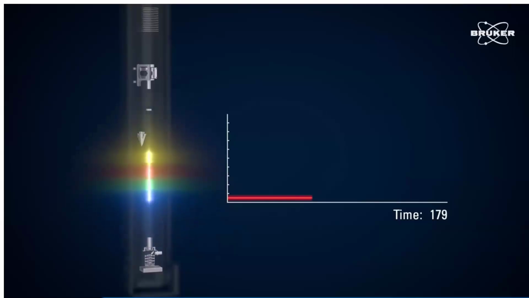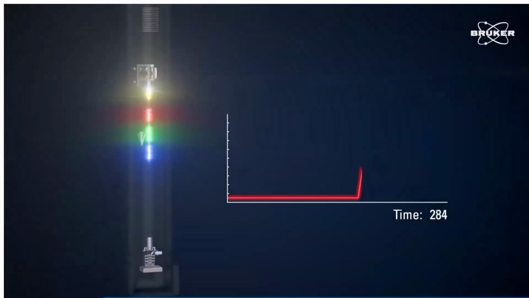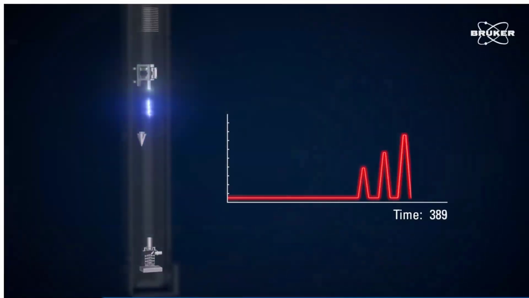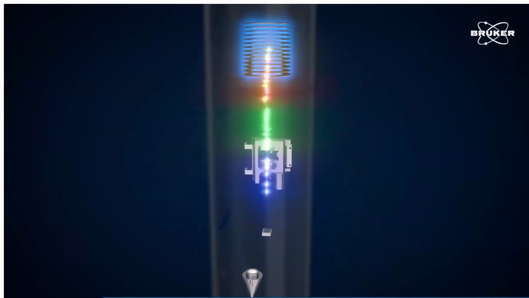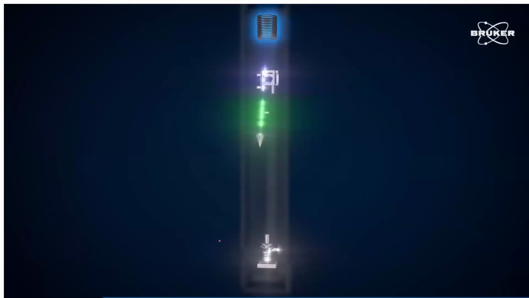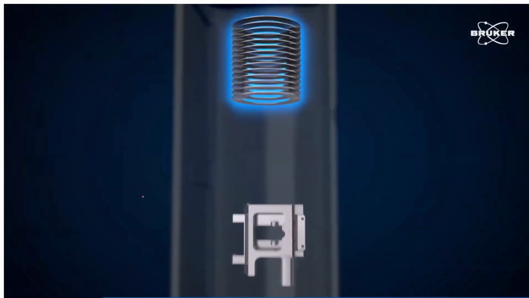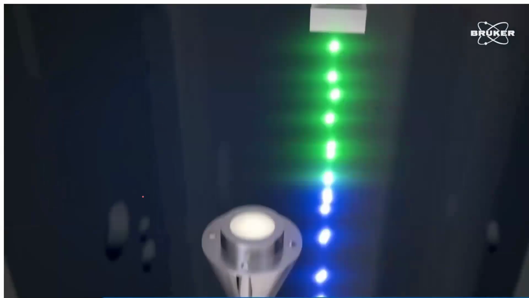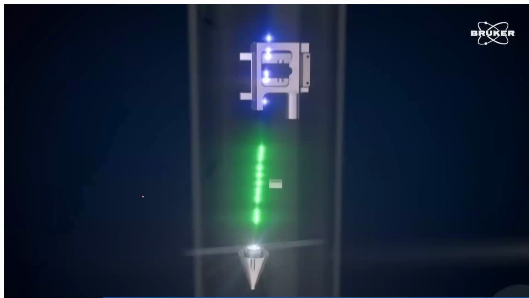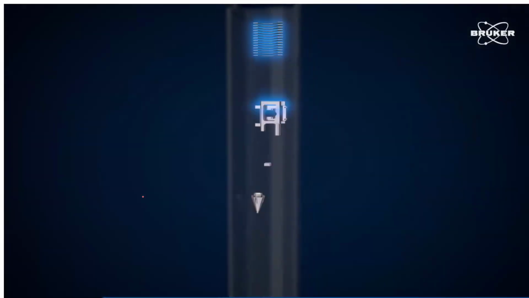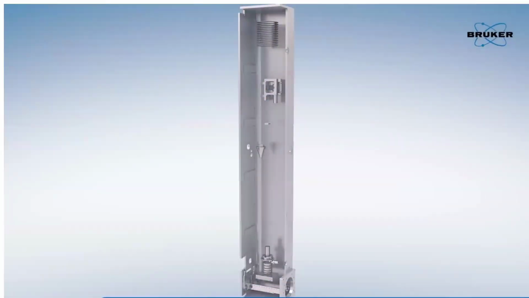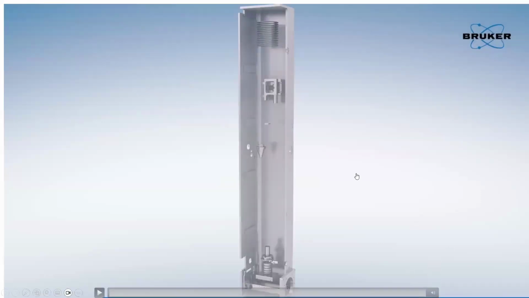Now you see the red one will go first, then the yellow one, then the red one, the green one, and then the blue one. That is the MALDI-TOF.